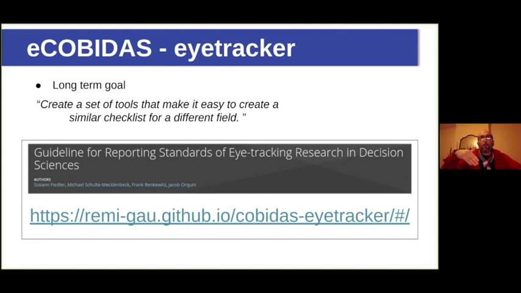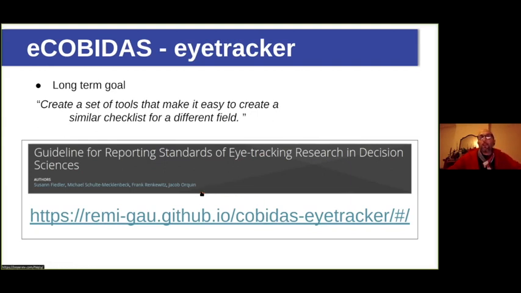One way that I did that was that a few months ago, there was a preprint that came out about trying to also give guidelines on how to report eye tracking research, specifically when it came to decision making, but that doesn't matter here. That preprint also came with a table of all the guidelines that you're supposed to report.